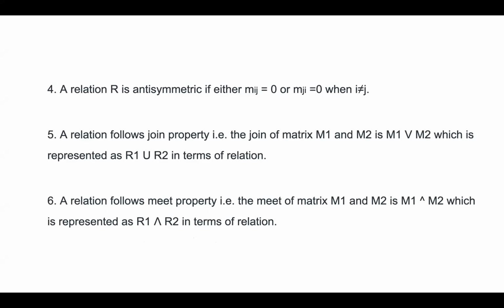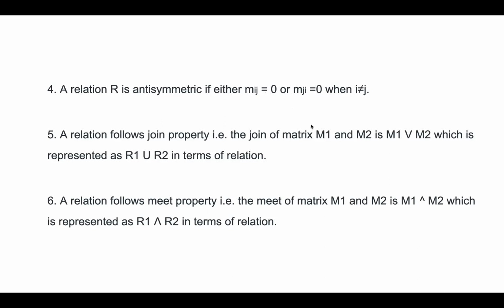The next is relation R is antisymmetric if either Mij is equal to 0 or Mji is equal to 0 when i is not equal to j. Okay, here for reflexivity we have seen this one, for Mij is equal to Mji for i is equal to j.